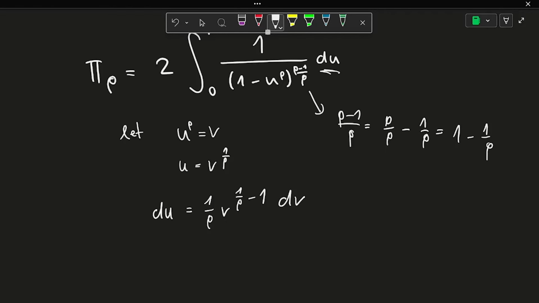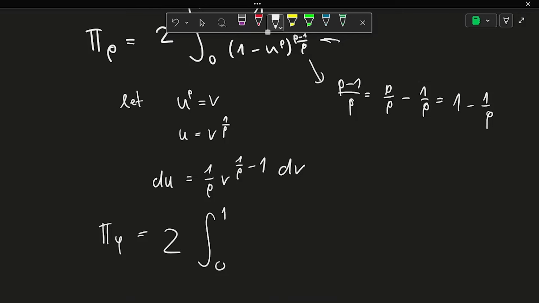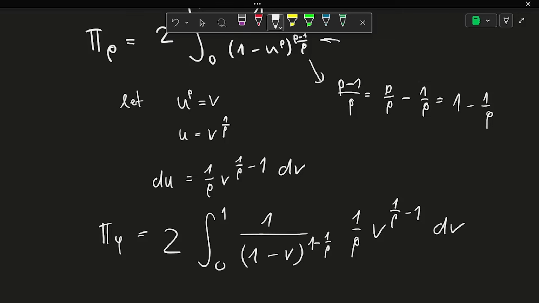And now we're going to use these two things and rewrite our integral. That means that pi p is nothing other than 2 times the integral from 0 to 1 of 1 over the square root of 1 minus v to the power of 1 minus 1 over p times this here, 1 over p times v to the power of 1 over p minus 1 dv.